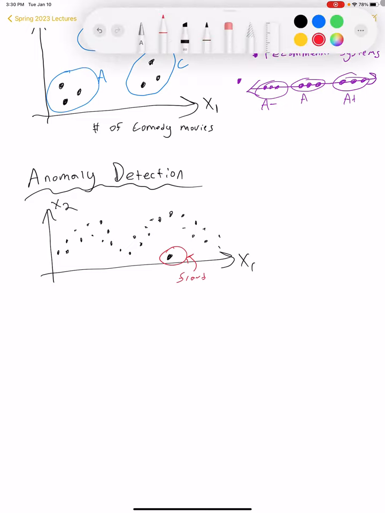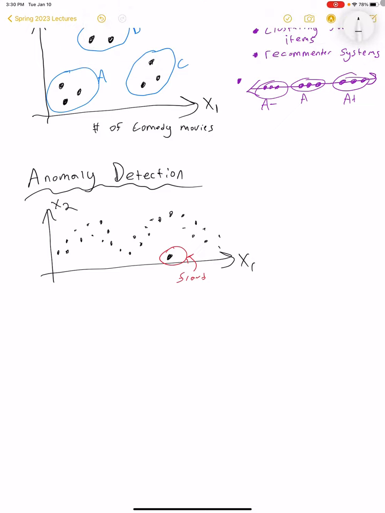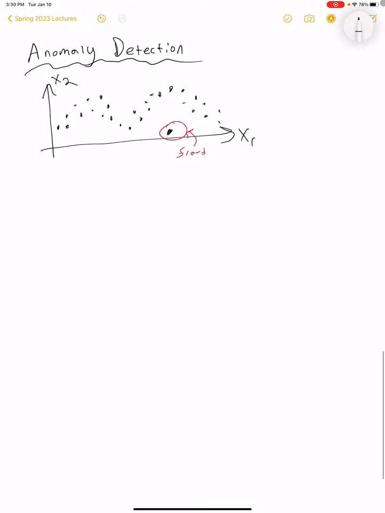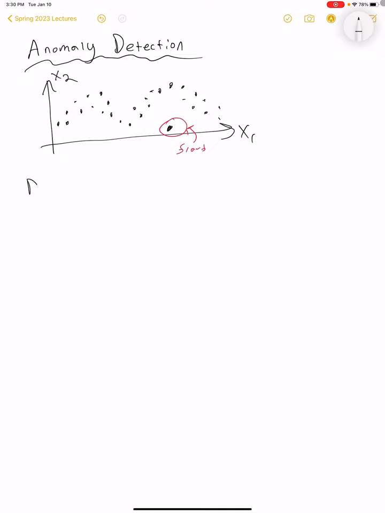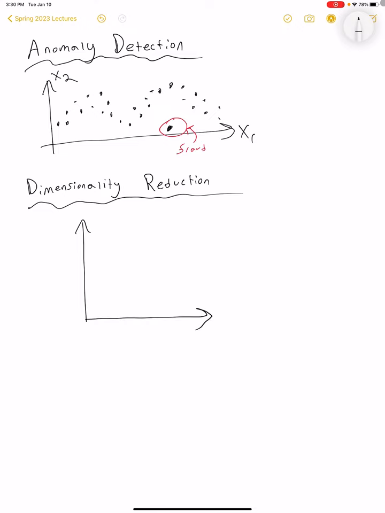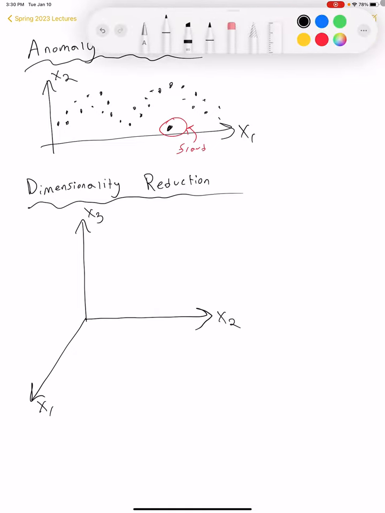Okay, the final unsupervised learning category that we're going to talk about today is dimensionality reduction. So, as we've alluded to many times now, oftentimes in the real world, data are in very, very high dimensions.